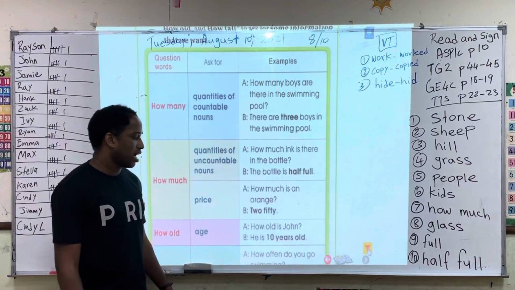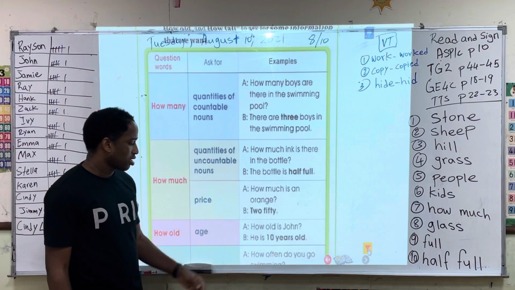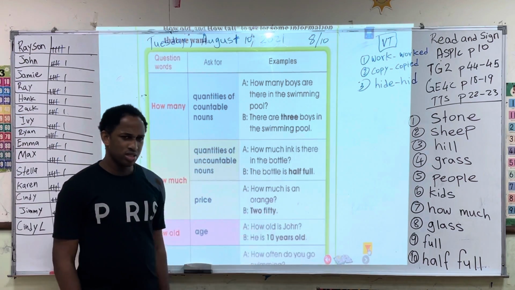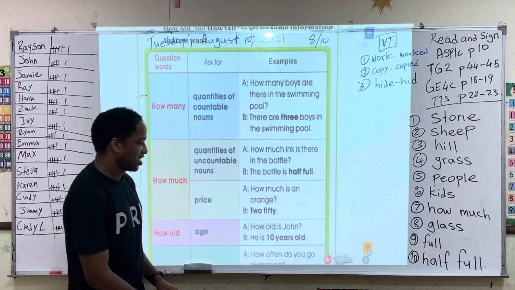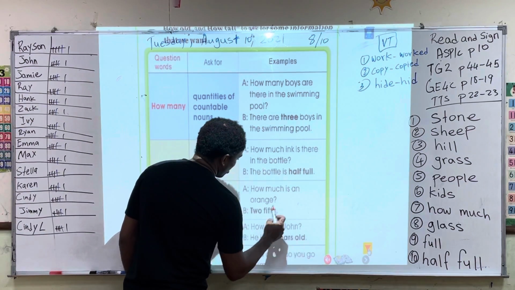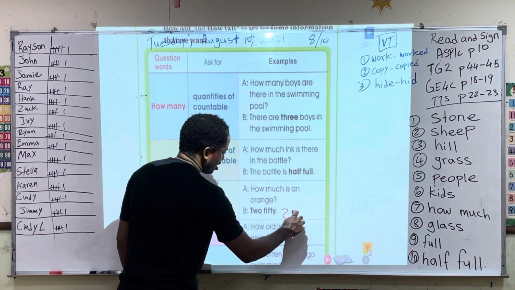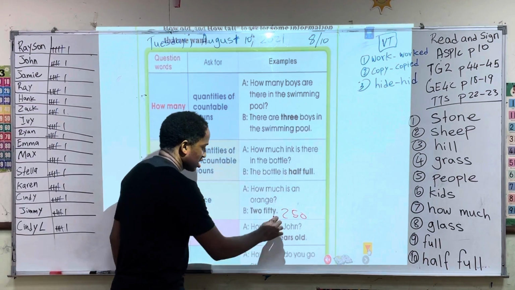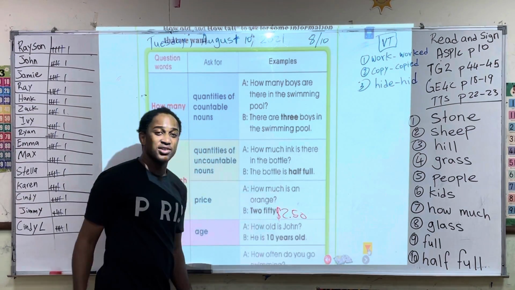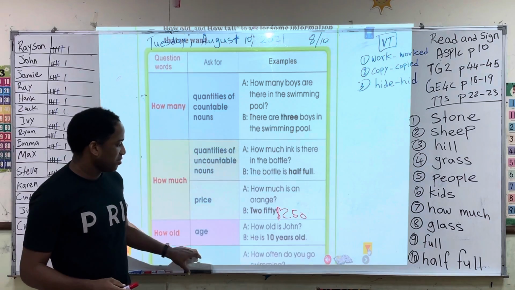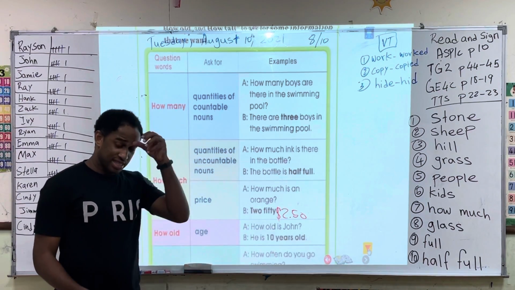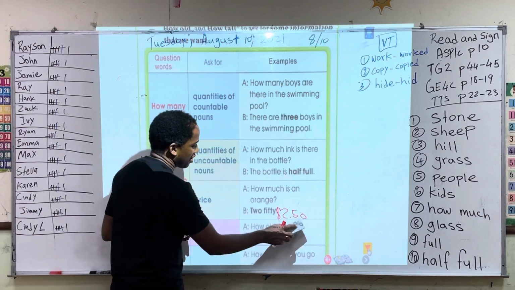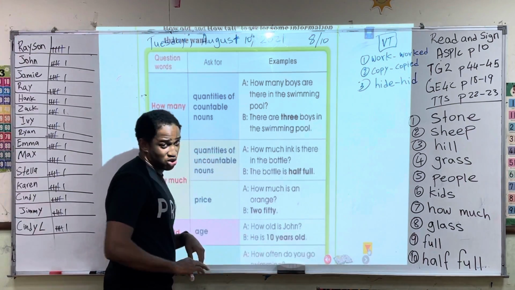Okay, now we're going to use how much for price. How much is an orange? $2.50. Okay, $2.50. But in Taiwan, you don't have cents, it's only dollars.